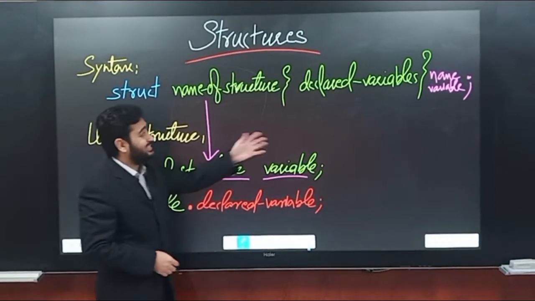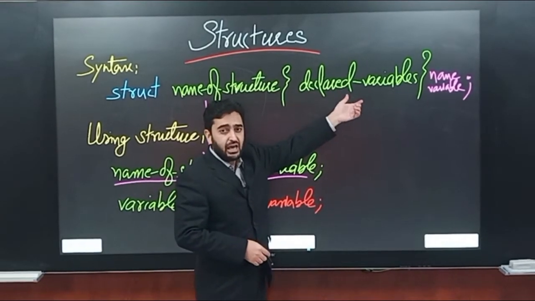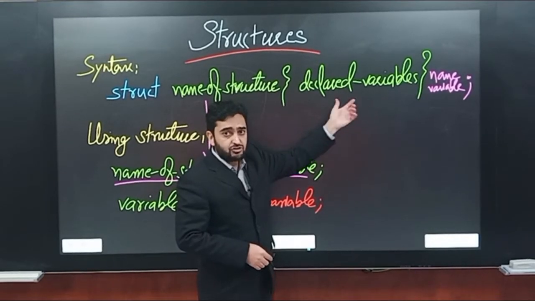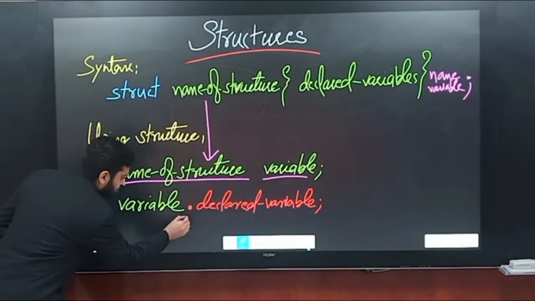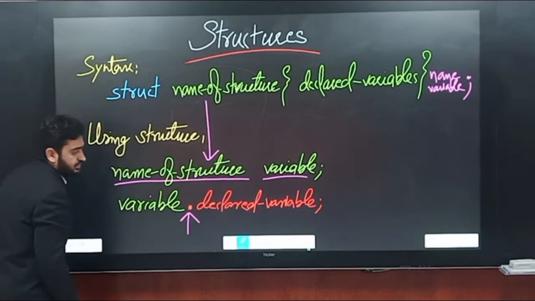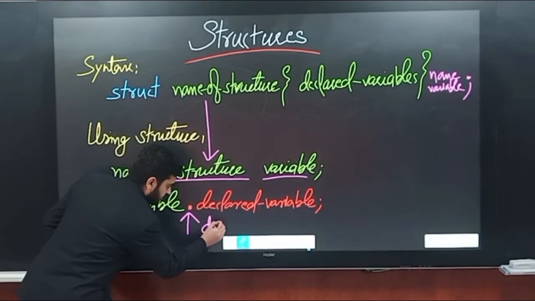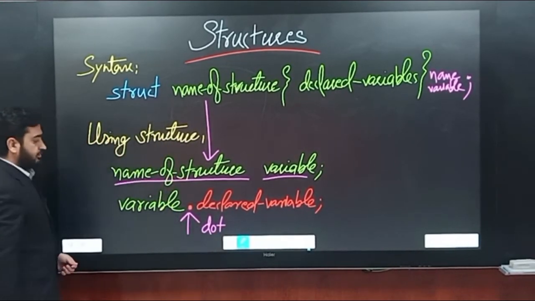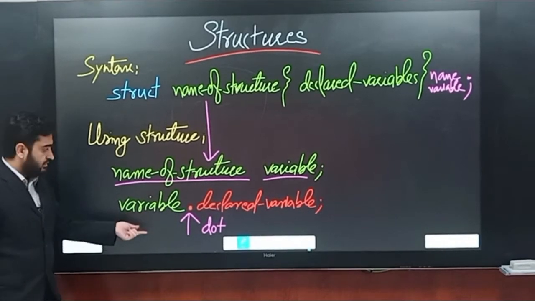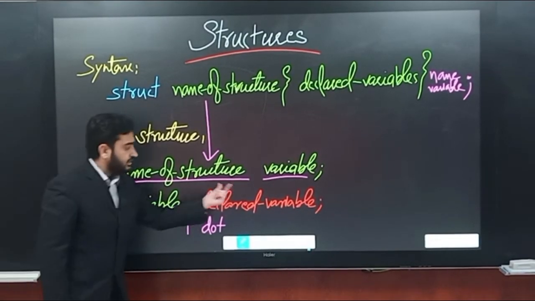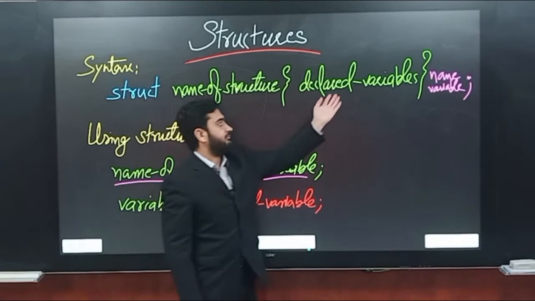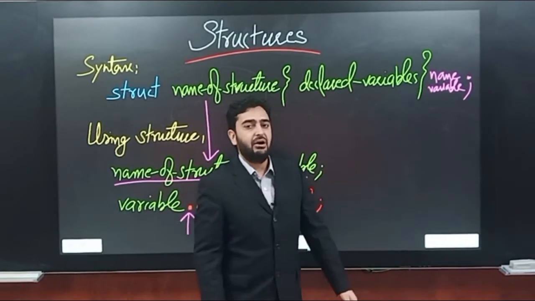How can we access the data types inside the structure? We need to use the dot operator: the variable, the dot operator, and then the name of the declared variable inside the body of the structure.